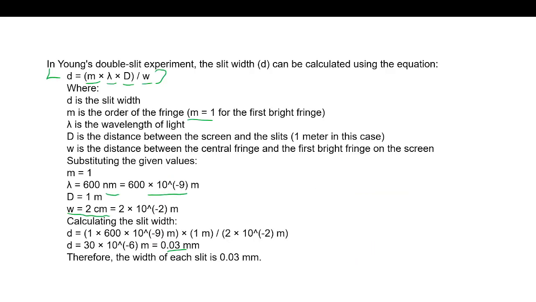Okay, so m is equal to 2 here. Then what else will change here? D will change, W will change to 3. Then this will become 3, and m will become 2.